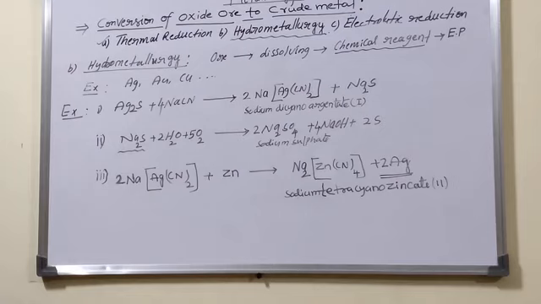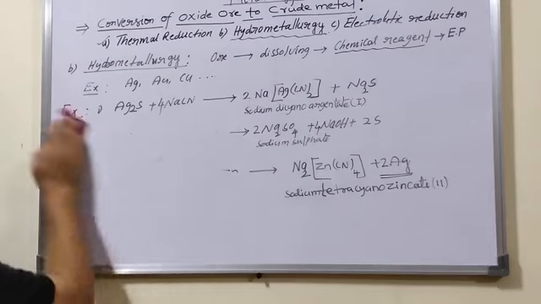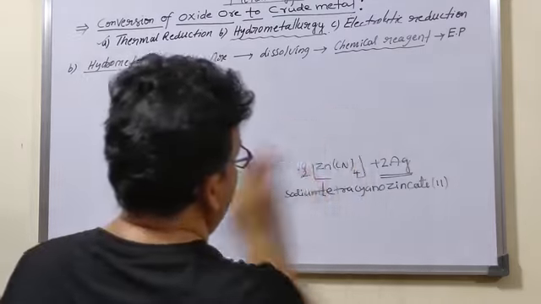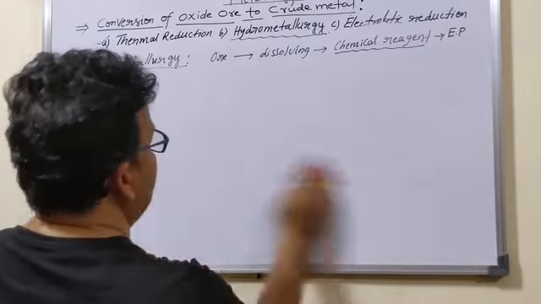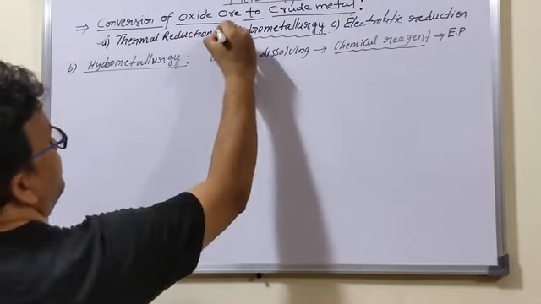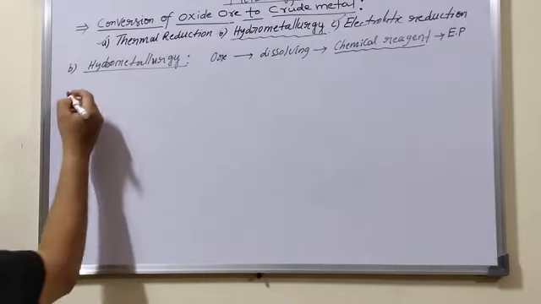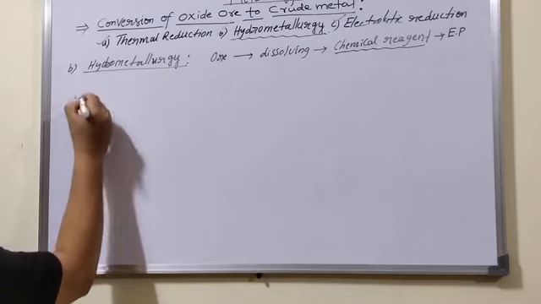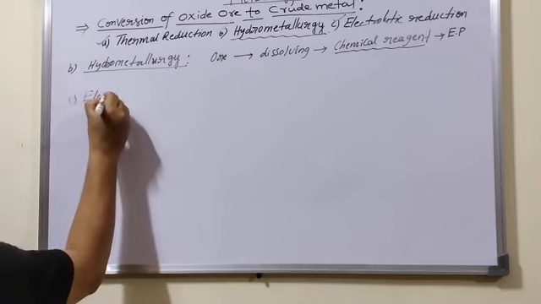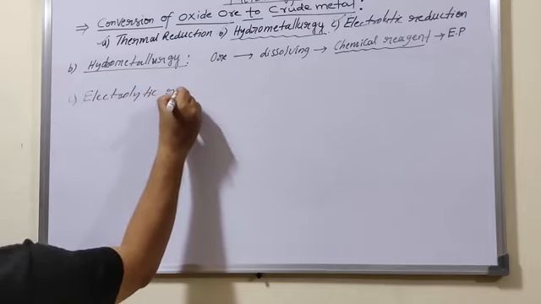Next, electrolytic reduction. The third method we have is electrolytic reduction. This reduction we know from our schooling level as well as in first PUC. So the second one is completed; the third one is electrolytic reduction.